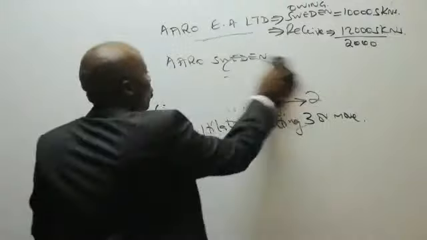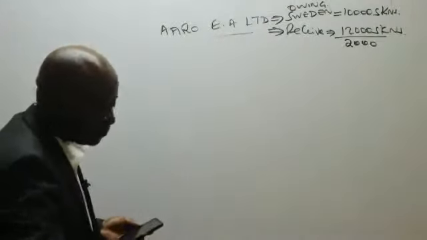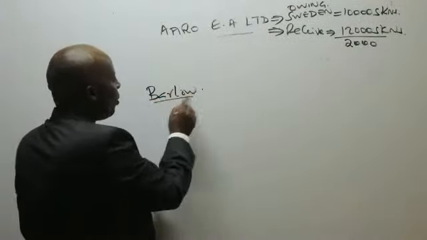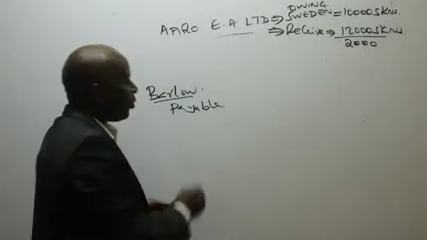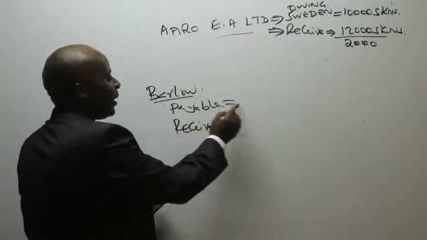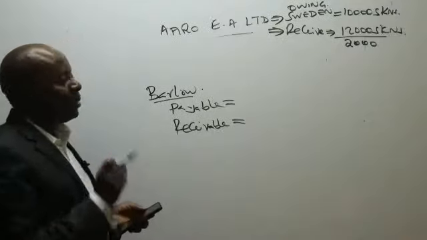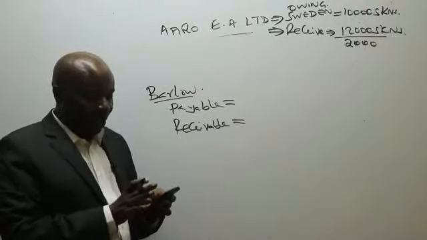So this is Barlow. What is its payable to the sister company, and what is its receivable from the sister company? Could you kindly give me these figures? What is Barlow's payable to the sister company?